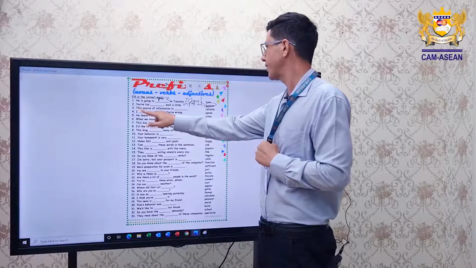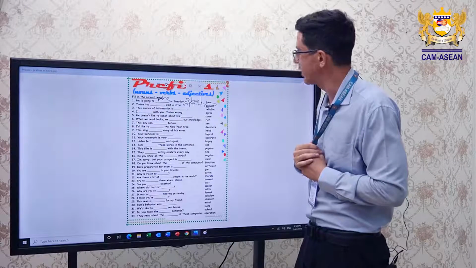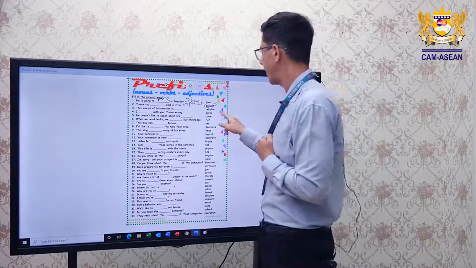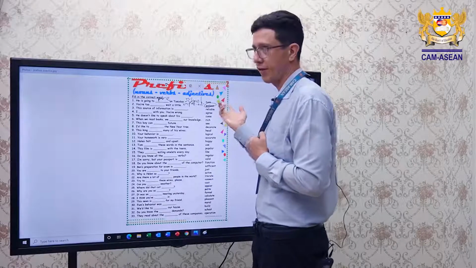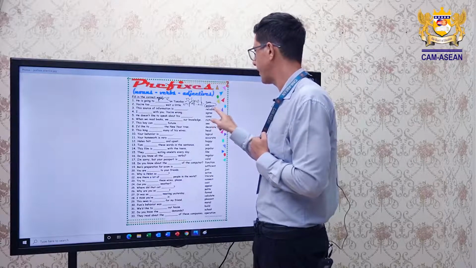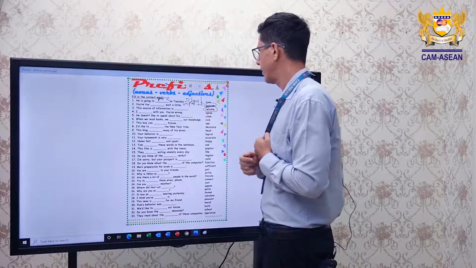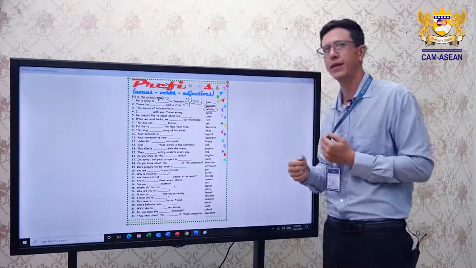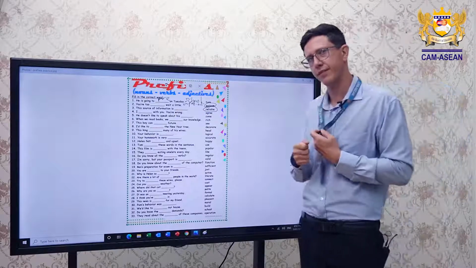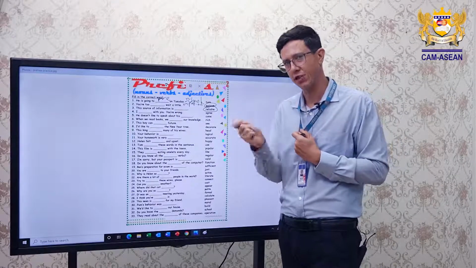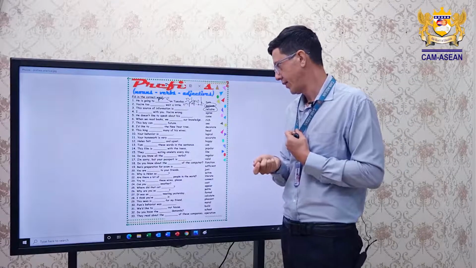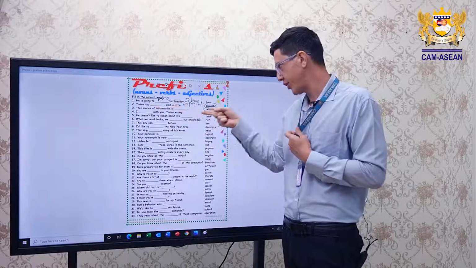So what about this? This source of information is, well, I'm going to go with the next word here, because it could be many different words, but I want to say reliable. What does reliable mean? It means I can trust it. Something I can trust is true. Okay? So the source of information is reliable.